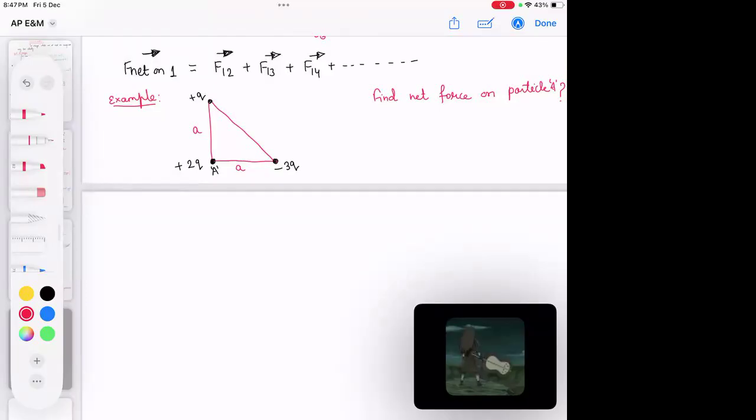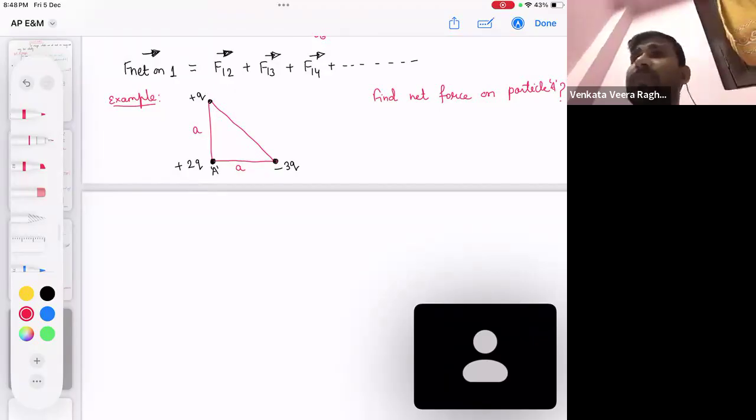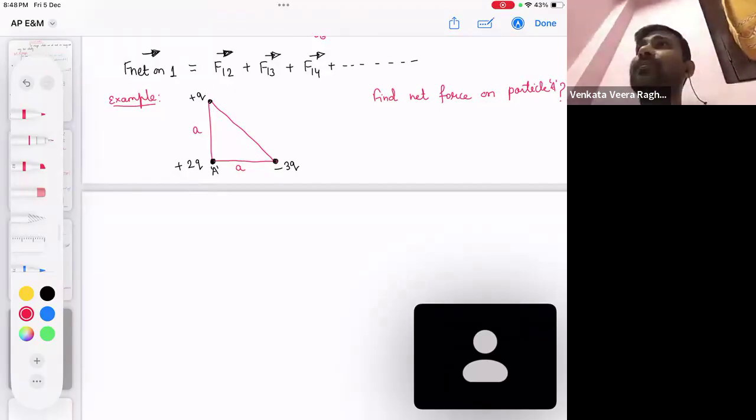Yes, sir. I hope you are getting the concept. We are discussing the examples also because the first part of your paper is MCQ type, isn't it? So you need a lot of practice with all different types of questions, right?